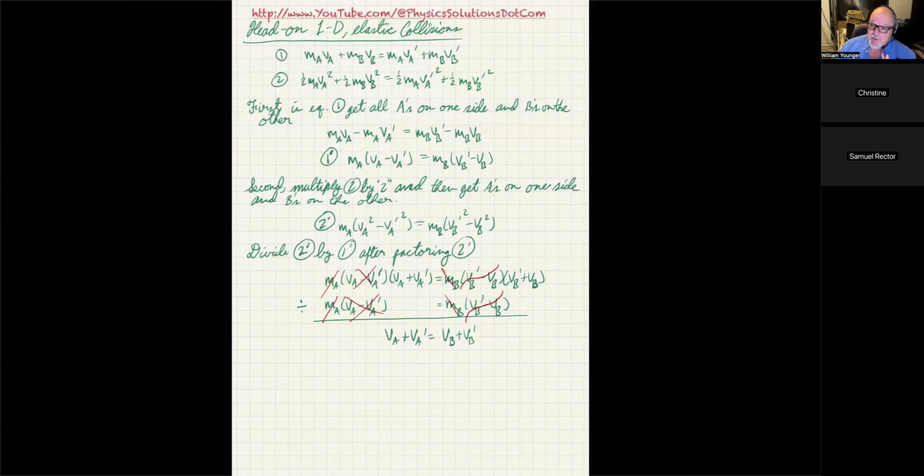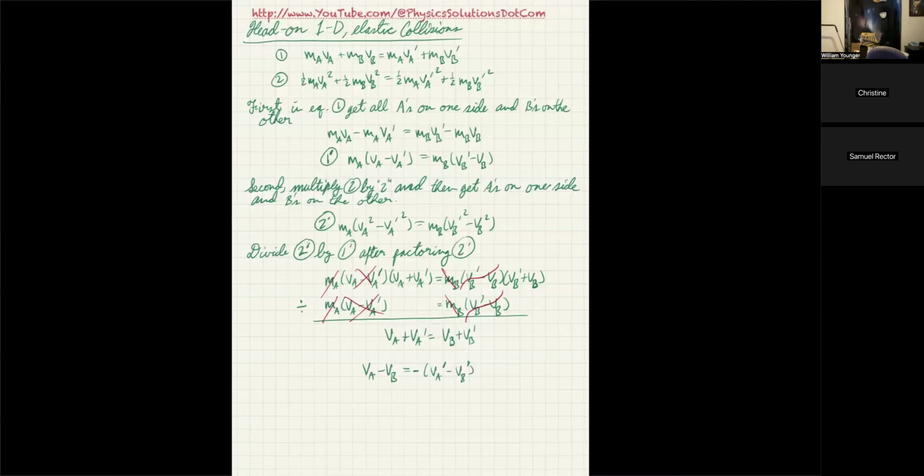I want to have everything from before the collision on the left and everything after the collision on the right. And with that, I end up getting VA minus VB, so A minus B in other words, is equal to the negative of VA prime minus VB prime. So I skipped a couple steps, but I think y'all can follow what I did there.